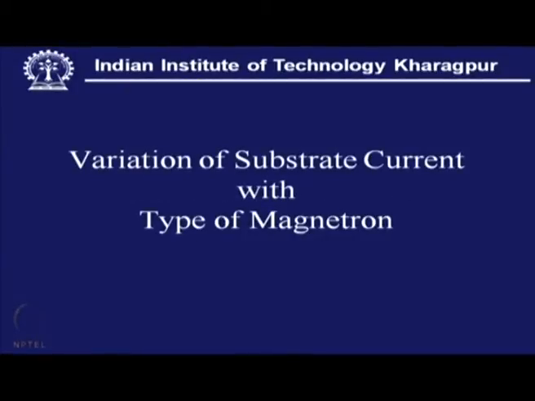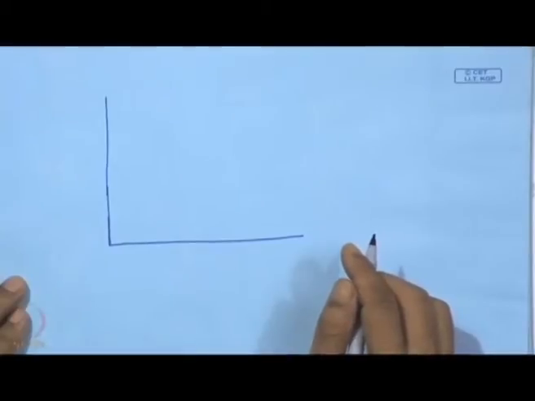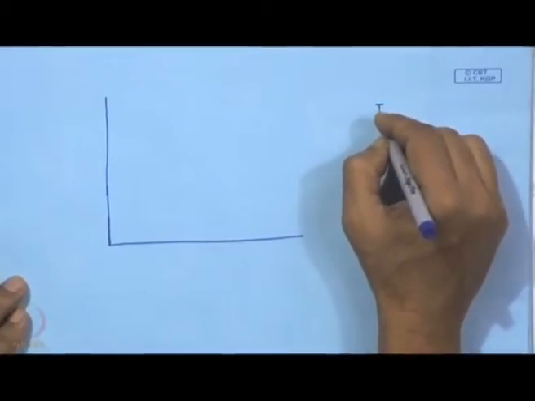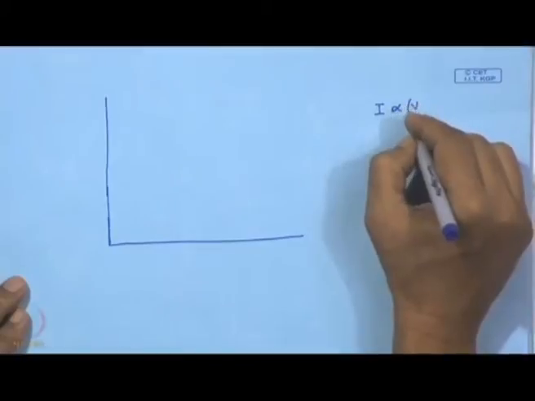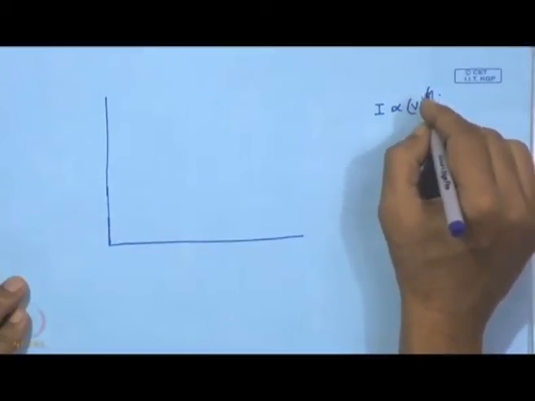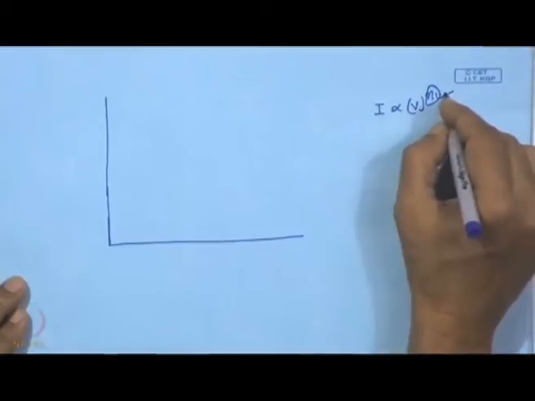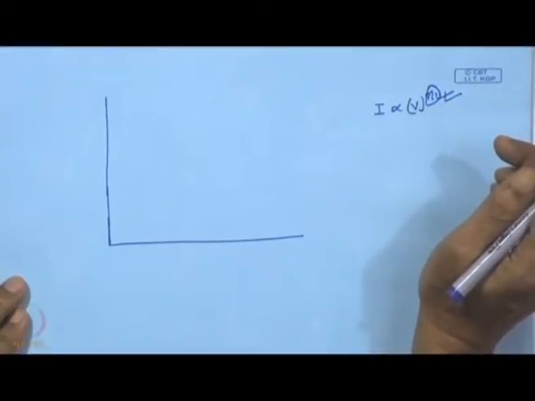Now comes the variation of substrate current with the type of magnet, with the type of magnetron. This graph is very important, because it gives us a lot of information about the efficiency of this unbalancing. As we know, for a magnetron, the relation is V to the power n, and the value of n is the index of performance of the magnetron.